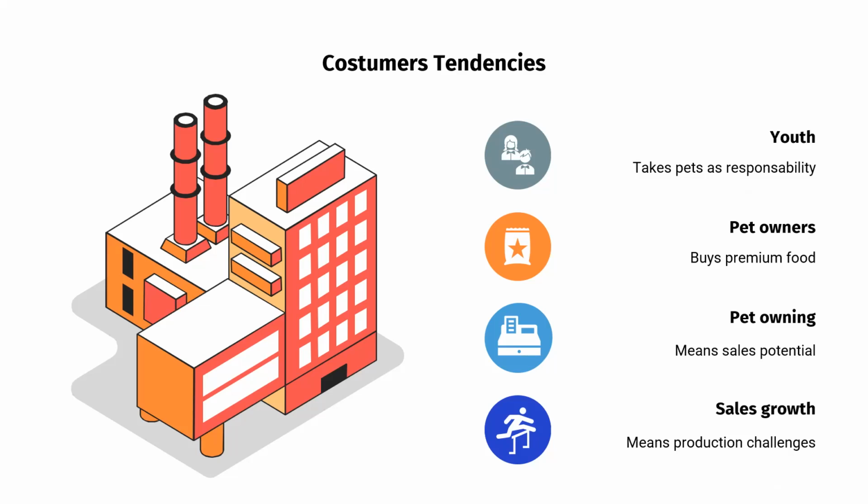This food has to have the correct amount of nutrients for the pet. If we produce this premium food, the sales will increase, and if the sales increase, it means that production will be challenged.